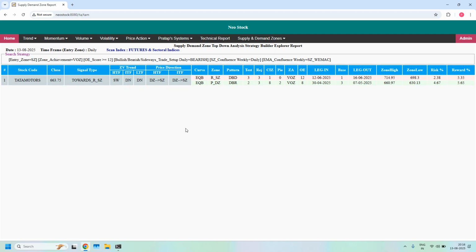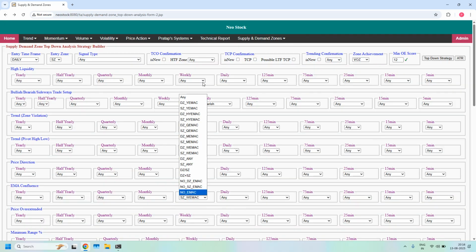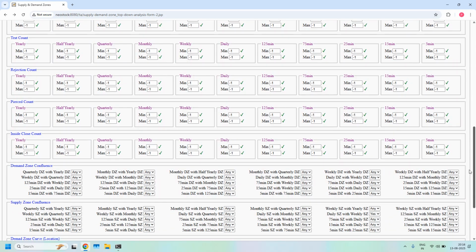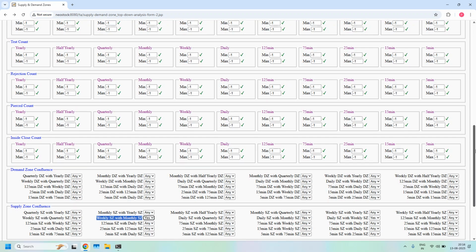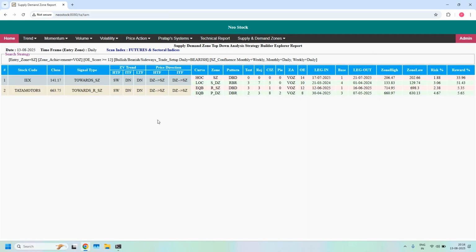Next, we will look into LTF, ITF and HTF supply zone confluence and then HTF EMA confluence. Removing the EMA filter. In the supply zone confluence, I am setting 3 filters. The first one is already enabled, daily and weekly. Next, daily and monthly, and weekly and monthly supply zone confluence. By setting all 3 filters, we got 2 stocks.